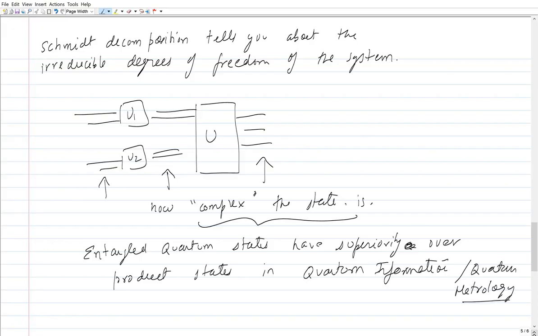The idea is to tap into this complexity which is embedded in the Schmidt number and use it to our advantage. So that's going to be our focus.